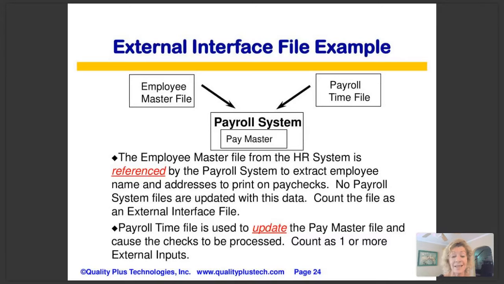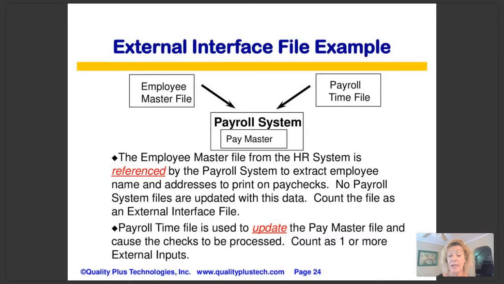We're only reading that. On the other hand, and this is completely opposite, a payroll time file contains transactions that we use to update our system. We would count those transactions as one or more external inputs. So if my paymaster file comes in and it contains new employees, updated employees, and deleted employees, then we would have a create, an update, and a delete external input.